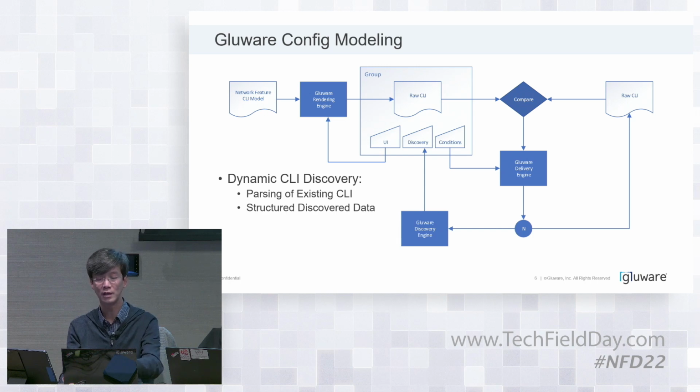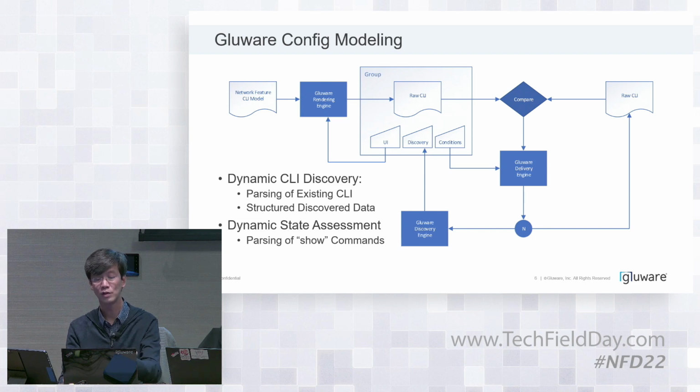You would want an engine that's going to help you with that. We have the Gluware discovery engine that parses the existing CLI and makes that data accessible to you, so that you can use that data for multiple things, such as putting it in the CLI. This discovery engine was getting things from the running config. What if you want this from the state of the box, from a show command?